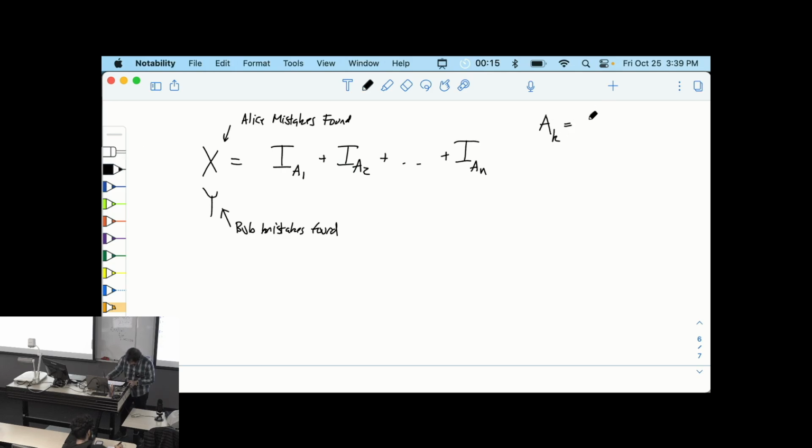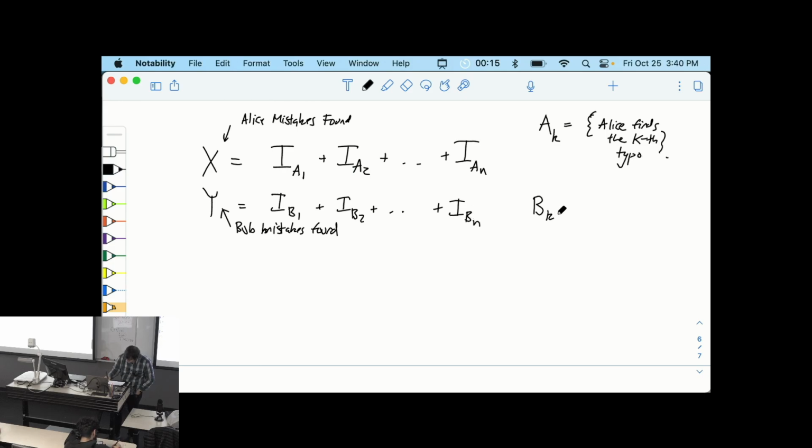Ak equals the event Alice finds the kth typo. So here k is like a dummy variable for any number between 1 and n, and there's the first typo, the second typo, and so on. Ak is like, yes, you found the typo. And the same thing for bk. So Bob's sum is b1 plus b2 plus dot dot dot plus bn. Bk equals Bob finds the kth typo.